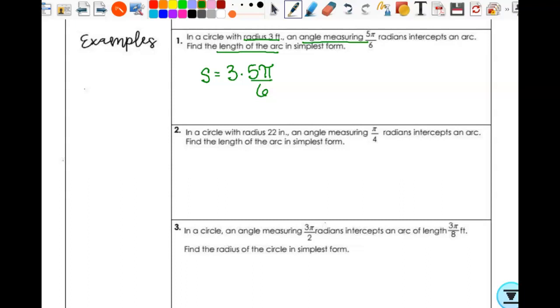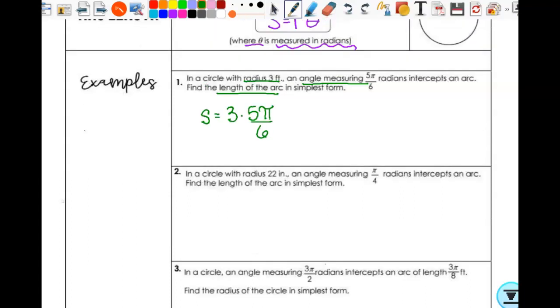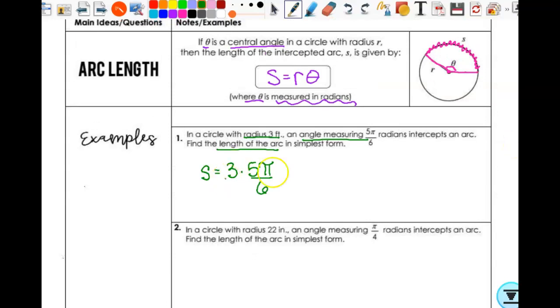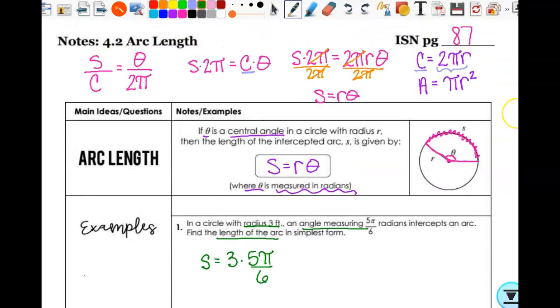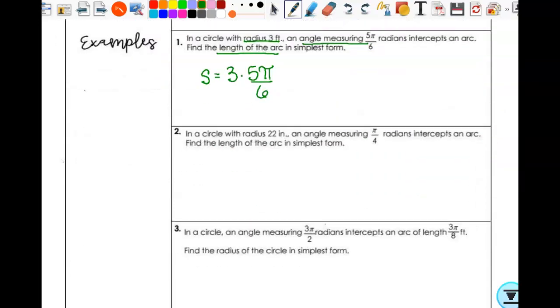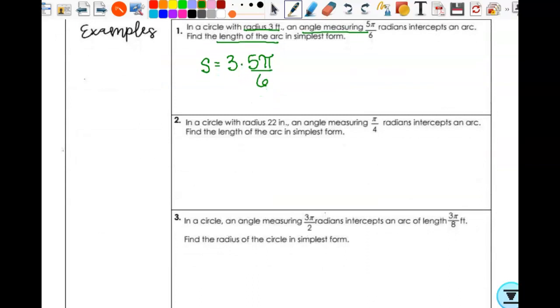So because I'm multiplying, I can reduce before I multiply. And just so that we're all clear, when we're canceling like this, that is not the same thing as cross multiplying. Those are two completely different things. You are cross multiplying when you go across an equal sign. Here, I would just be reducing, like if I thought about this as 3 over 1, and I could just look at it as one big fraction.